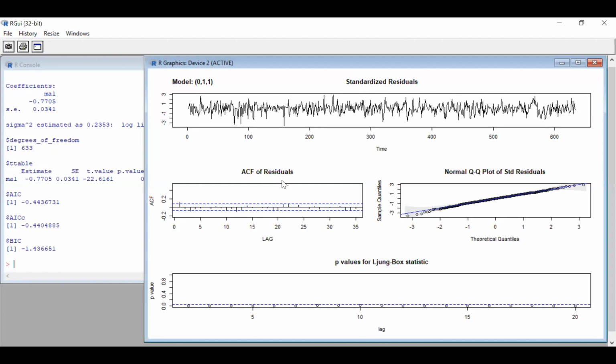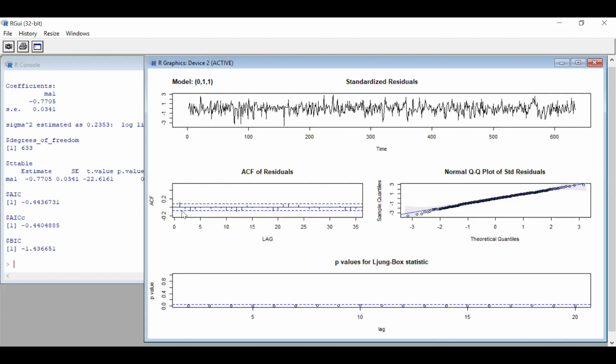So now the ACF, the autocorrelation among the residuals, is almost everything inside the band. What does it mean? Independent, right? This is the autocorrelation function of the residuals.